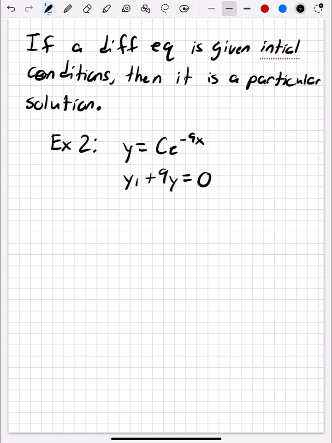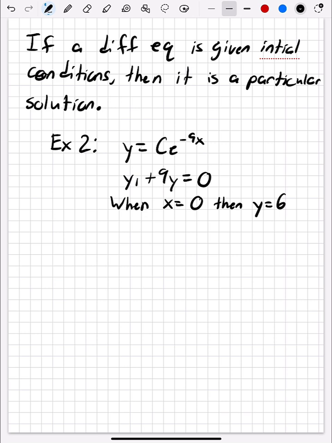So that's our differential equation. And our conditions are when x equals 0, then y equals 6. Okay, so those are our initial conditions.